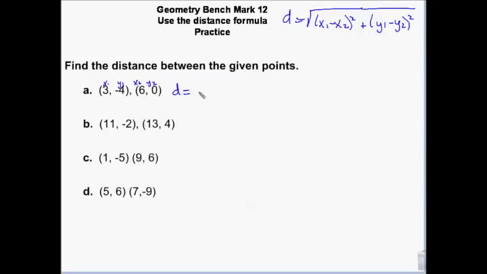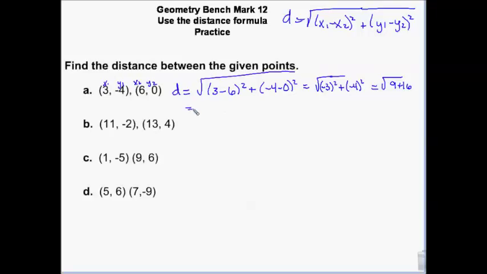Okay, so distance is equal to 6 minus 3 plus negative 4 minus 0. I guess that should have been 3 minus 6. If I stay in order, it should have been 3 minus 6. So that gives me the square root of negative 3 squared plus negative 4 squared, which gives me the square root of 9 plus 16, which gives me the square root of 25, which is 5.